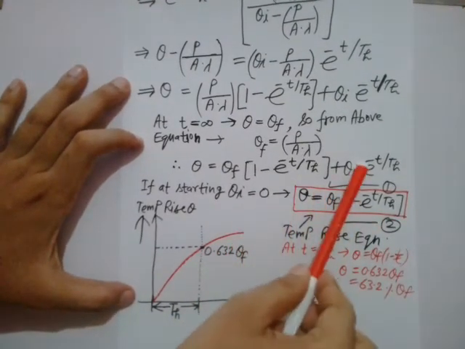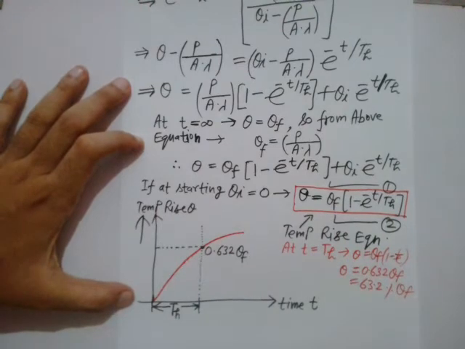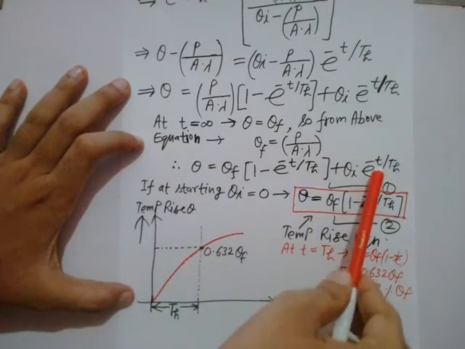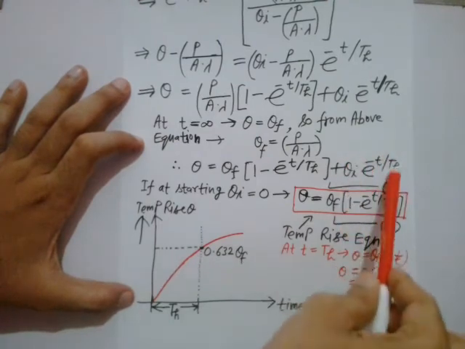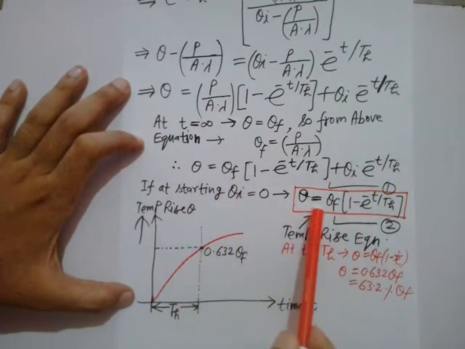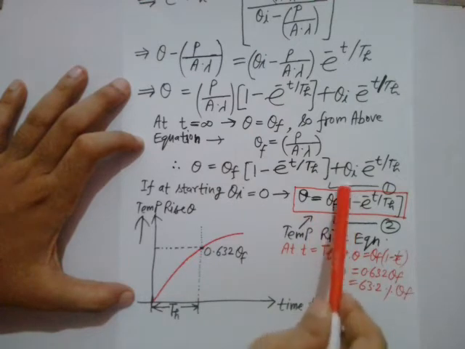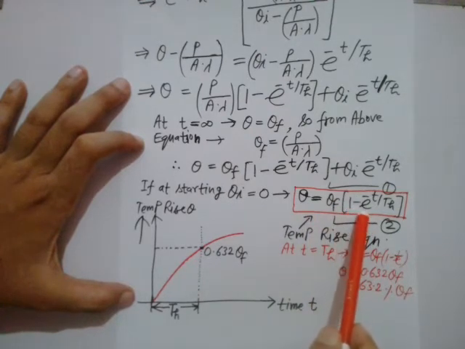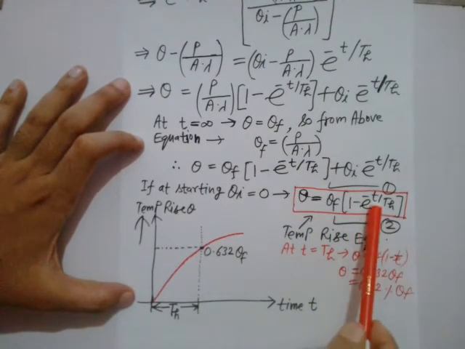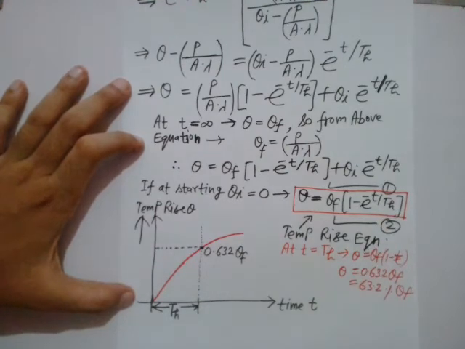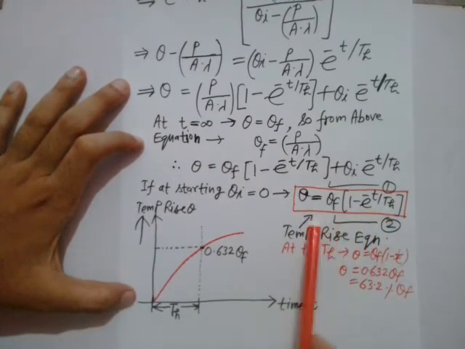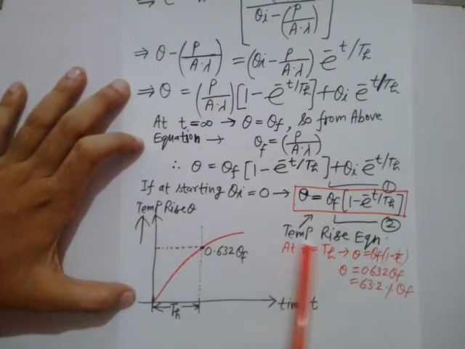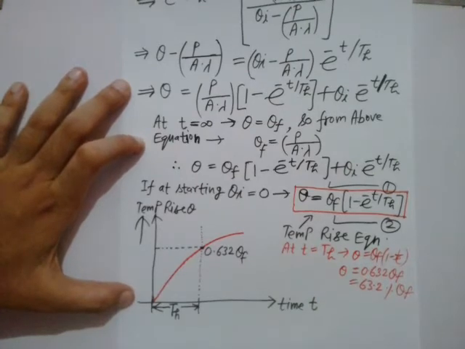So put theta I is equal to 0. Then the second term will become 0, and finally you are left with theta is equal to theta f into the bracket (1 minus e to the power minus t by tau h), right? So this is suppose equation number 2, which is the final temperature rise equation, all right?